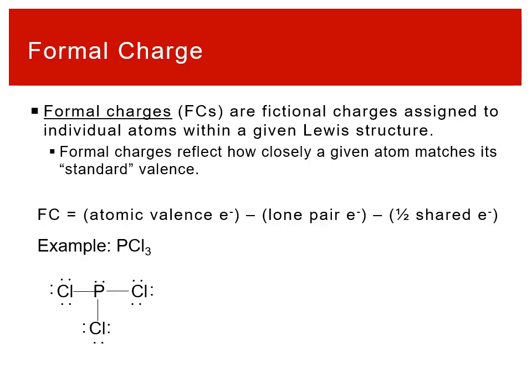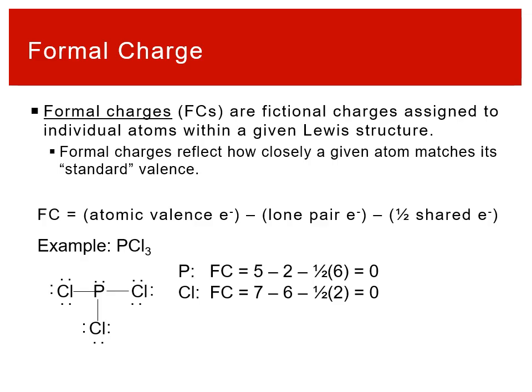If we look at an example of phosphorus trichloride, we've taken a look at this Lewis structure. We're going to have a formal charge for each type of atom. Phosphorus has 5 valence electrons, right? That first number just comes from the periodic table. Phosphorus is always going to start with 5. It doesn't matter what its Lewis structure is. Then we take a look at the lone pairs. The lone pair, 2, corresponds to the 2 right there. Then we can see that it is in 1, 2, 3 bonds.